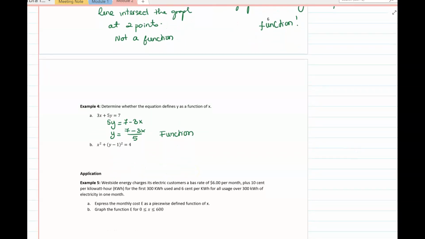In the next one, I'm looking at (y minus 1) squared equals 4 minus x squared. So y minus 1 equals plus or minus the square root of 4 minus x squared. Note that y cannot be defined explicitly here, so this does not represent a function.